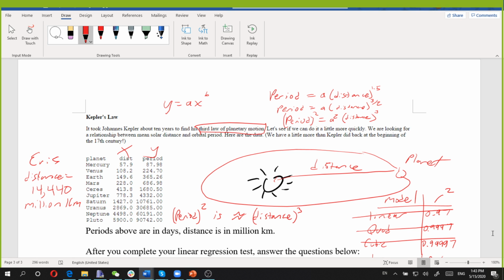I'll give you a hint. It has something to do with the range of values in our data set that we used to construct our model.